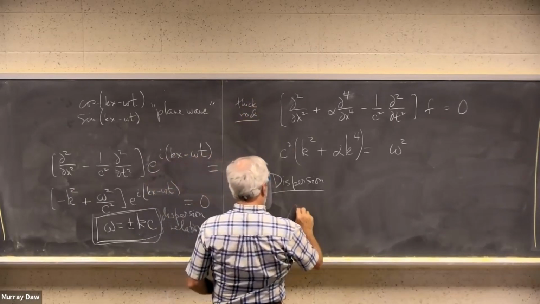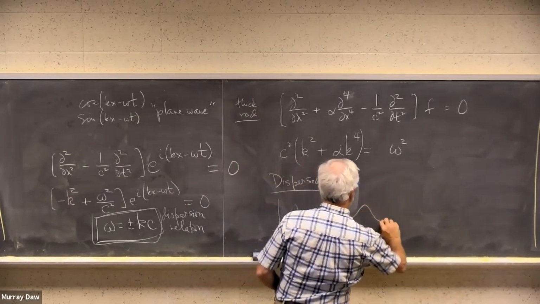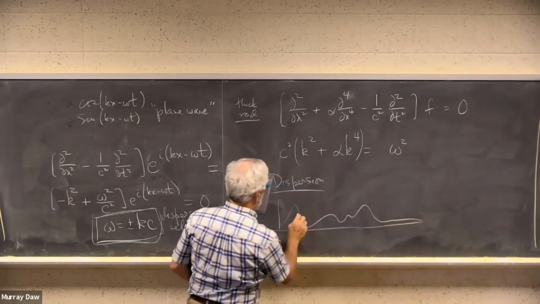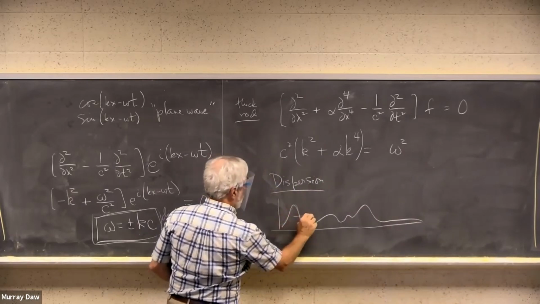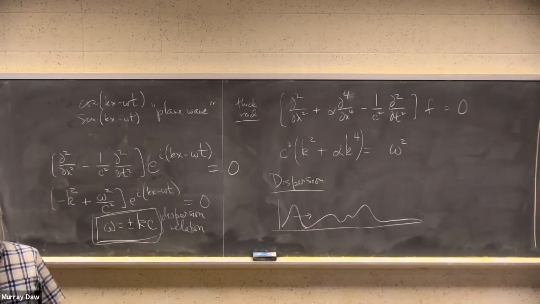So now I get some packet, which at a later time will have some other shape to it. Starts off like this, propagates along, and is changing shape as it goes. So this is what's called dispersion.